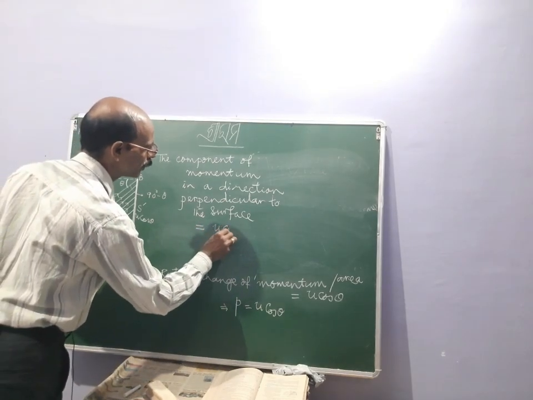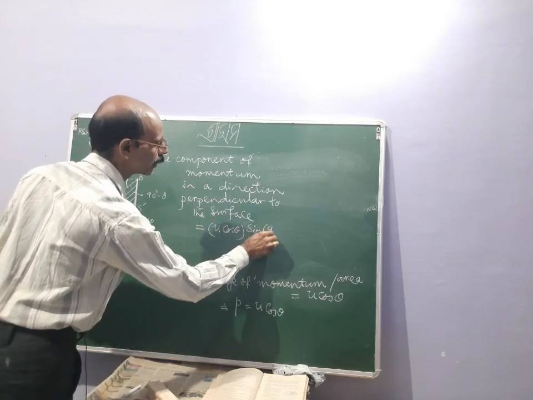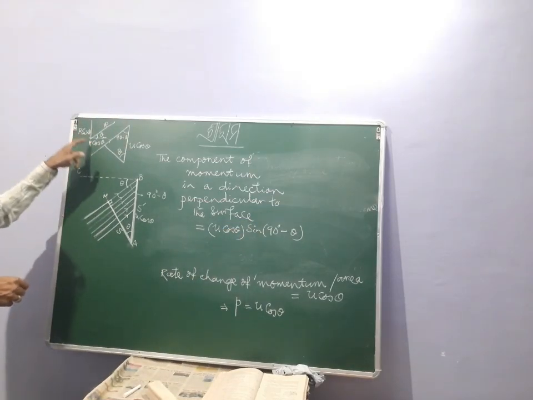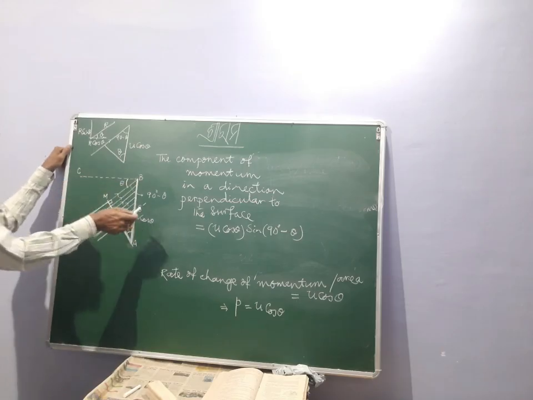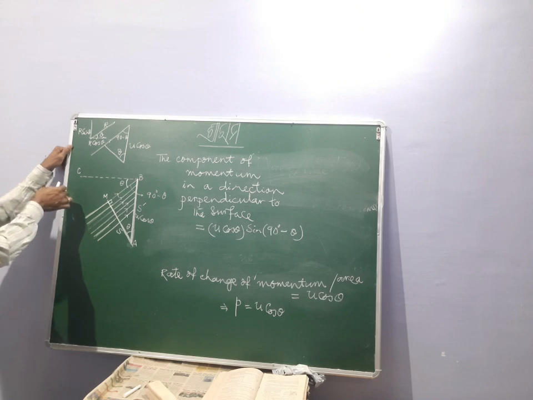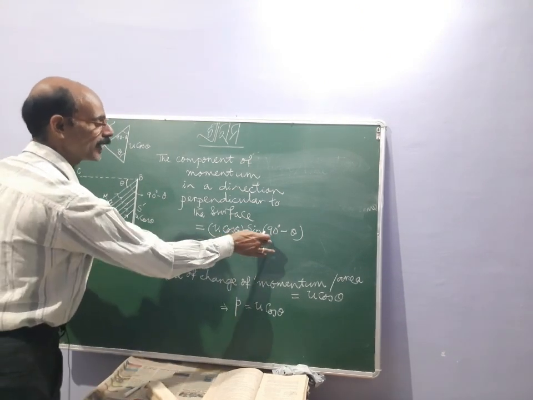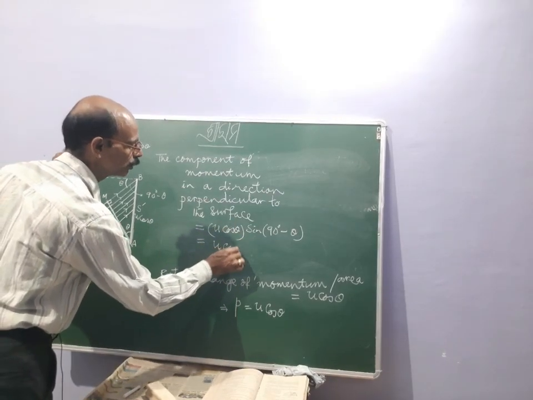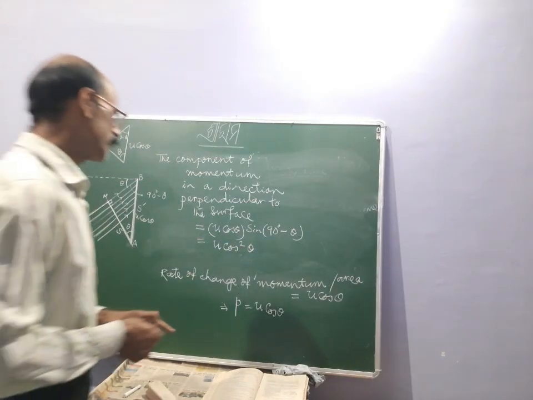R cos theta is this component, R sin theta is this component. So here the horizontal component of u cos theta will be in this direction. So it will be u cos theta sin 90 minus theta. But sin 90 minus theta is again cos theta. So cos theta into cos theta is cos square theta. So u cos square theta. So this is the component of momentum in a direction perpendicular.